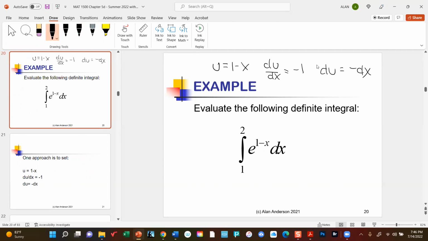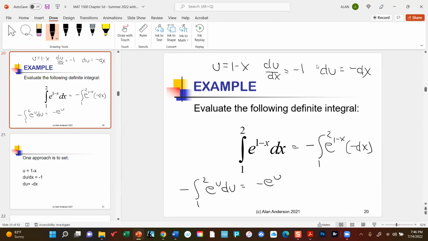Do we have negative? No, but we can create it. So what we're left with is minus e to the u du.